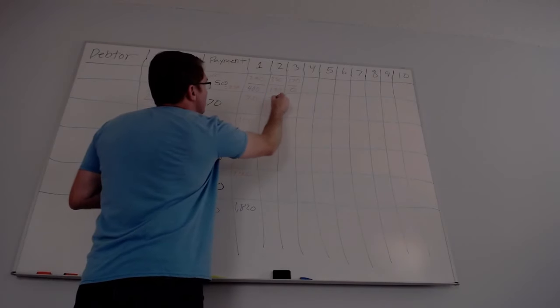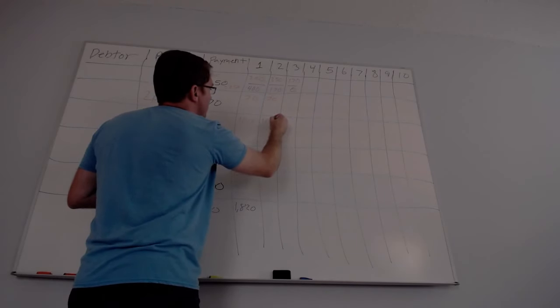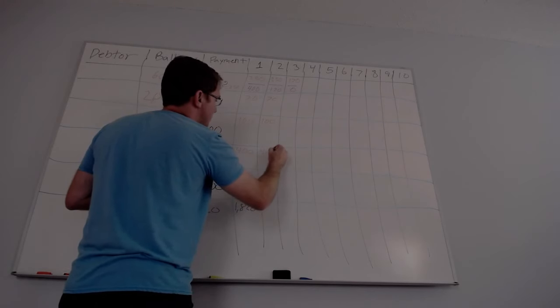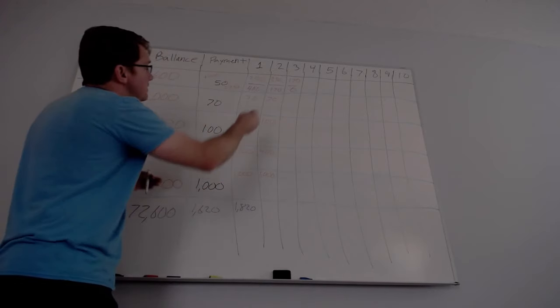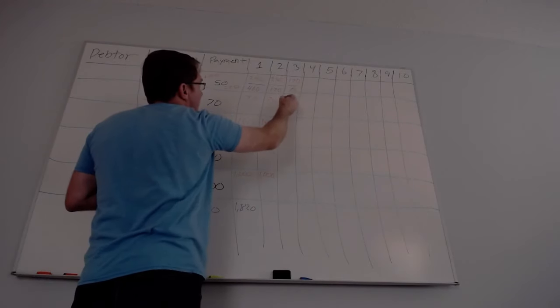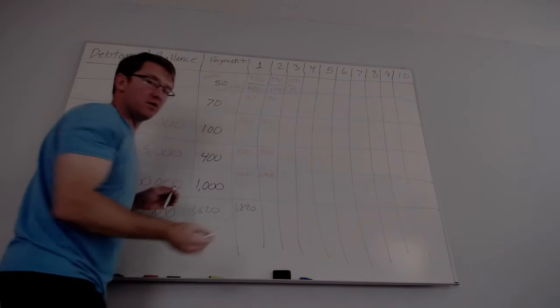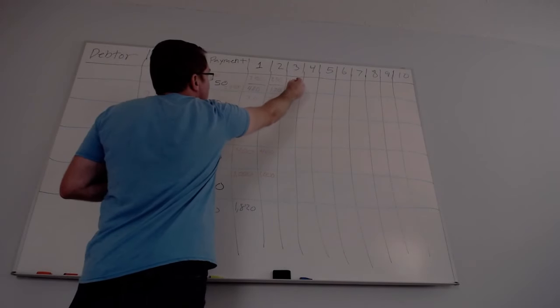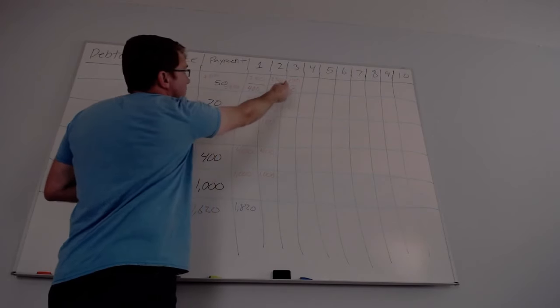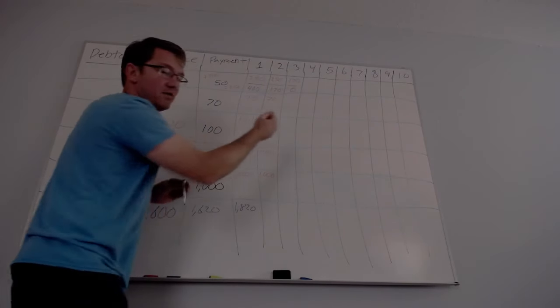Here, you send in another 70, you send in 100, you send in 400, and you send in 1,000. Okay, so here, we didn't have to use all of our 250 to get this one paid off. So you take this 170, you minus it from 250, and you have $80 extra.